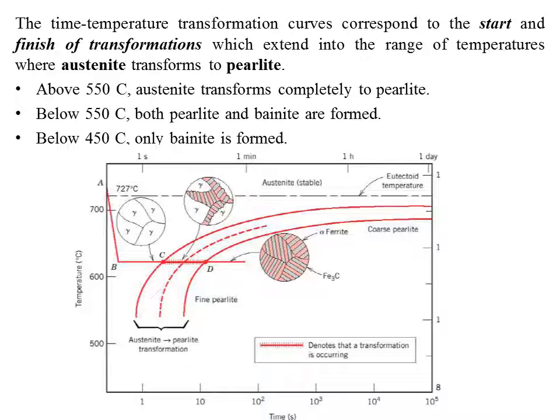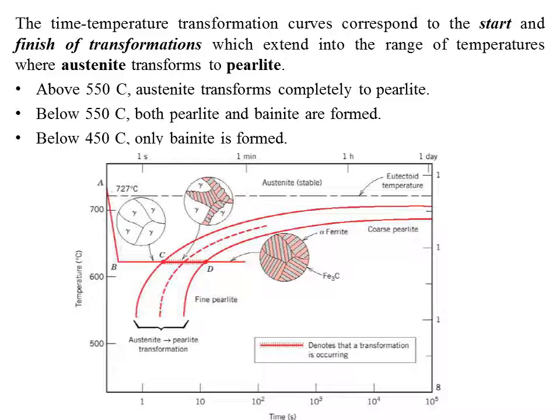Hence, the TTT curve corresponds to the start and finish of transformation, which extend into the range of temperatures where austenite transforms into pearlite. So here it starts and then it transforms to pearlite. You can see at a temperature of 727, the eutectoid temperature, the transformation starts, and the austenite is converted into pearlite.